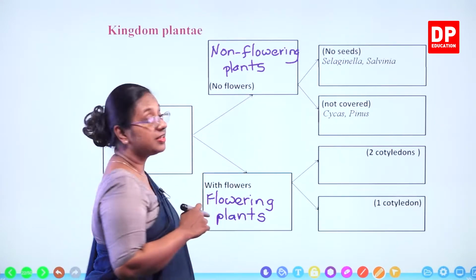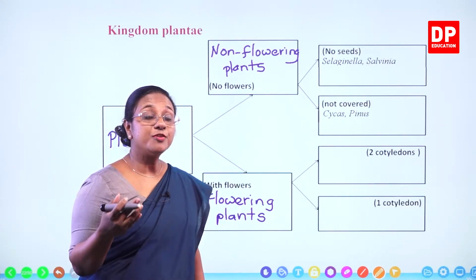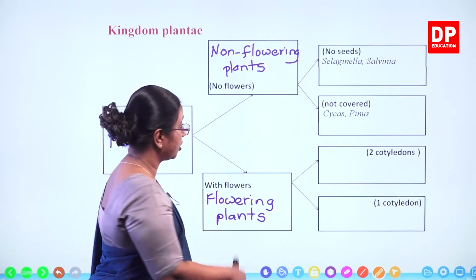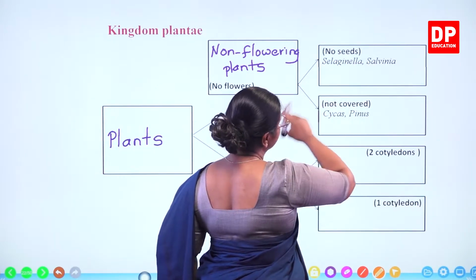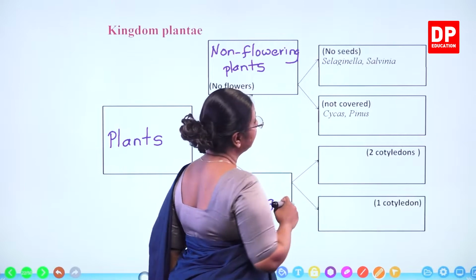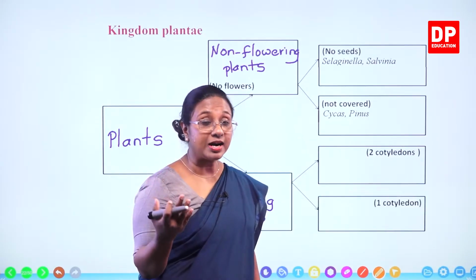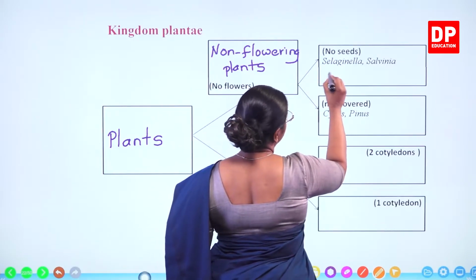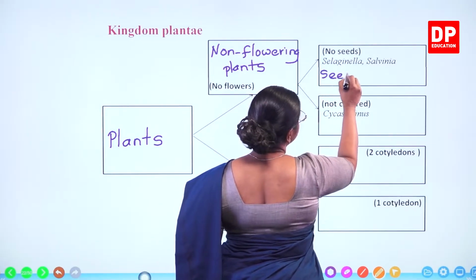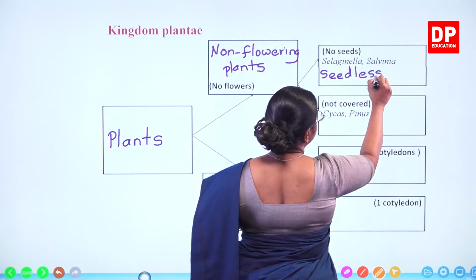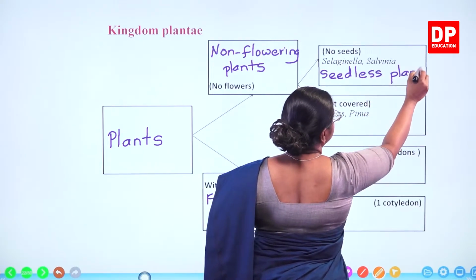How do we classify the non-flowering plants? Based on whether they produce seeds or not. So if they don't produce seeds, what we looked at in the previous slide, Selaginella, Salvinia, Nephrolepis, Marchantia, all of them are seedless plants. Seedless plants.